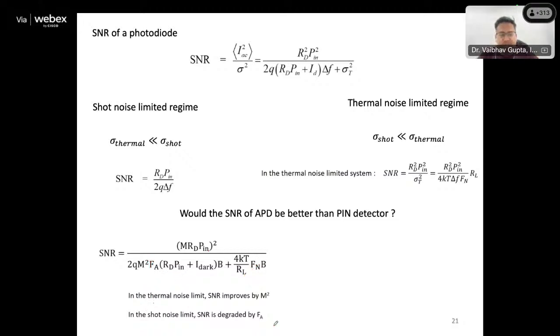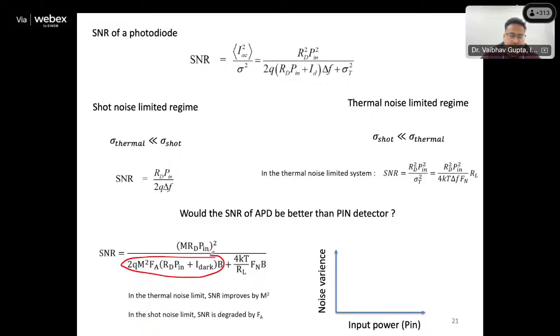And let me show you a graph in order to make things more understandable. Suppose we create a graph where we have noise variance, or all the different kinds of noises, on the y-axis, and input power on the x-axis. What we see here is that this is the shot noise term, and this is the thermal noise term. If you look at the thermal noise term, it is not dependent on the input power, it is dependent on the temperature.